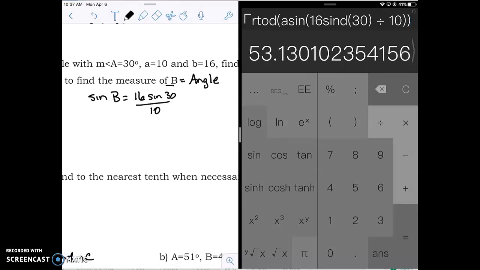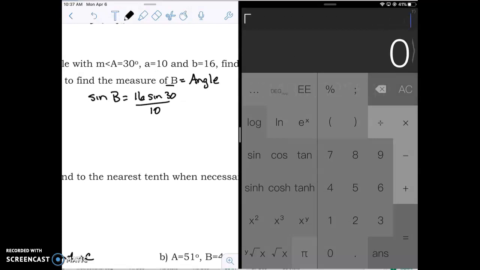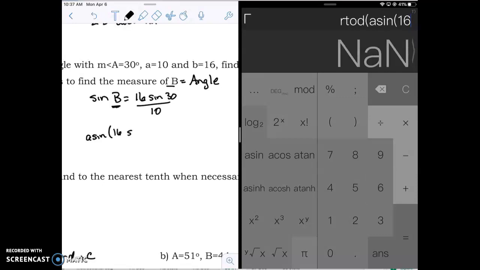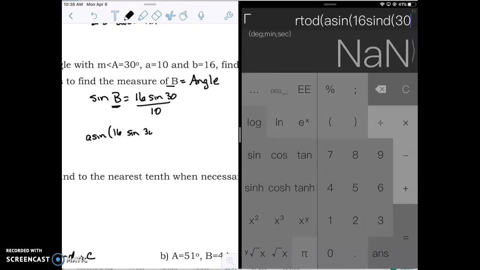Let's go through how you would type that in your calculator one more time, okay? So the first thing is I'm looking for an angle. So I'm going to do an inverse sine, right? And it gives me a parenthesis. And I'm going to type in 16. And then I want regular sine. So I change that, regular sine, 30. Close the parenthesis, divided by 10.